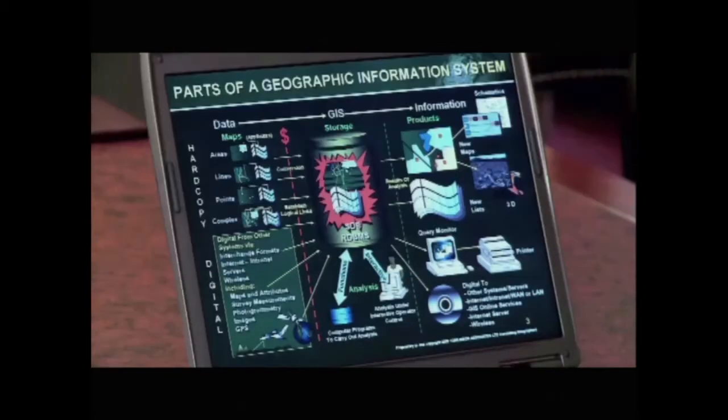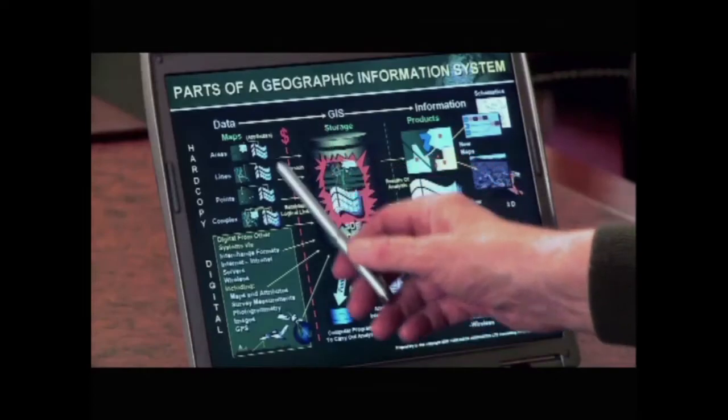And then these data must be put into the GIS. The process of putting data into a GIS is spelt M-O-N-E-Y. That's the process. It's expensive. It costs money.